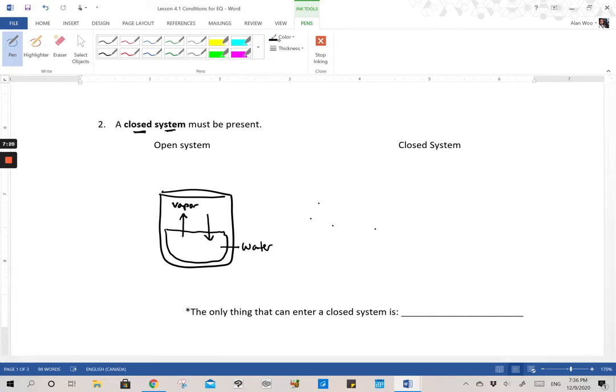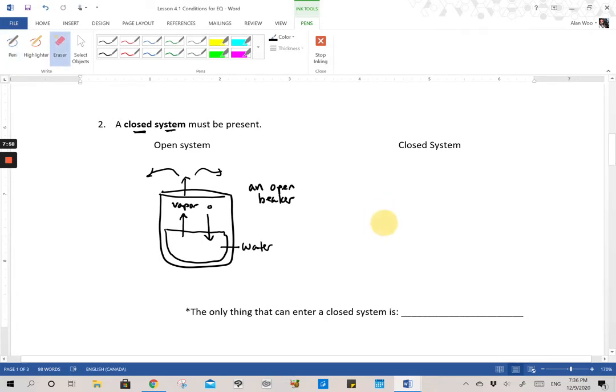Those are basically showing two opposing processes. But here's the problem. If this container is open, it's not sealed off. So this is an open beaker. All those vapors will eventually escape. And very few would actually return back down to form liquid water again.